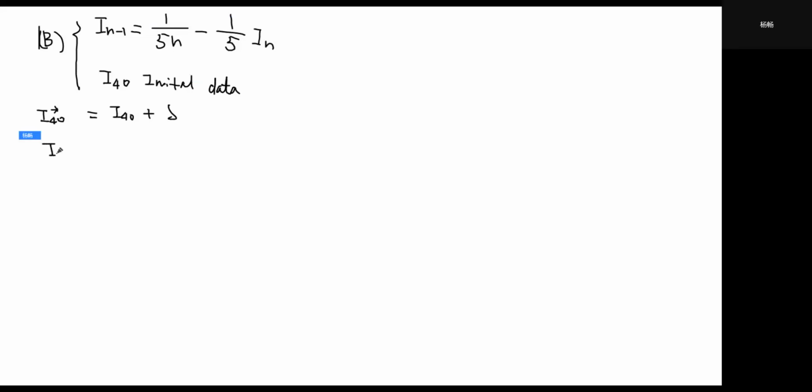And then I will compute I39 star. Now let's apply this recursive formulation, that is 1/5 times 1/40 minus 1/5 times I40 star.